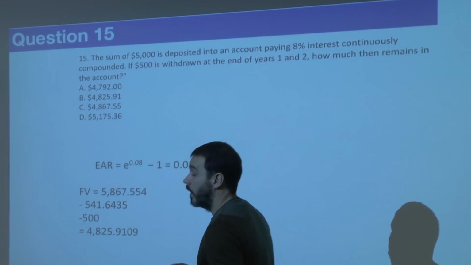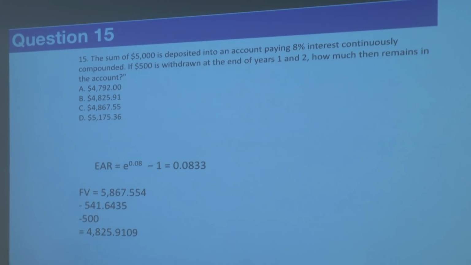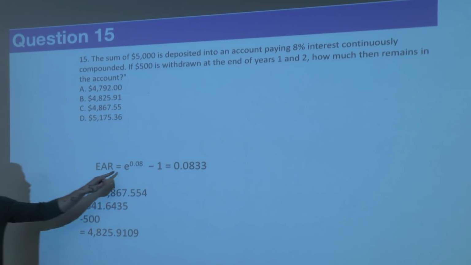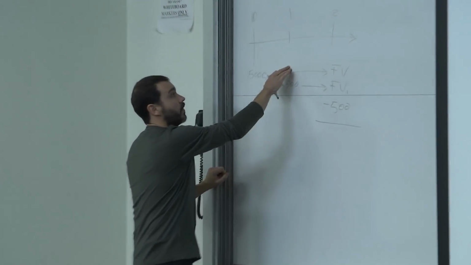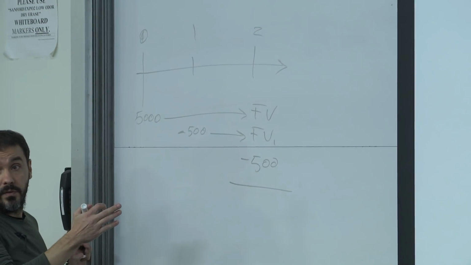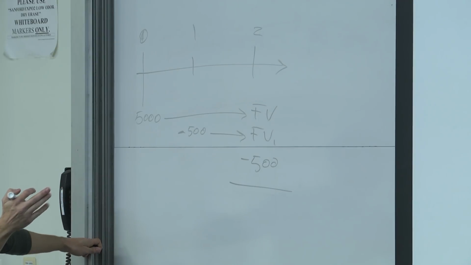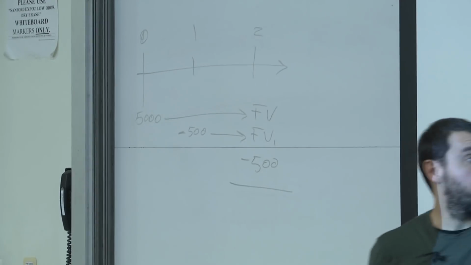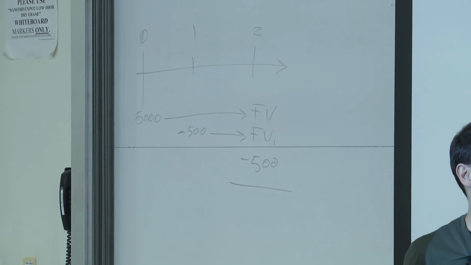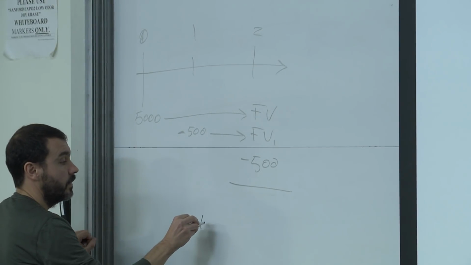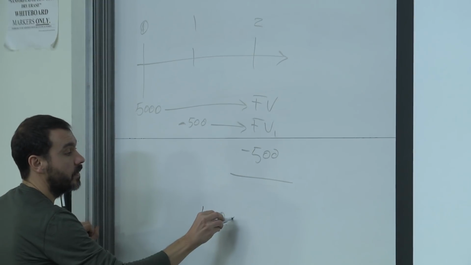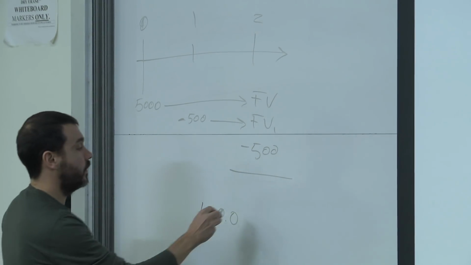Yeah. So the way I showed it, maybe confusingly in the calculator earlier, is you can also do this. The factor, so if you want to know what $5,000 grows into after 1 year, given that interest rate, you do e to the power of 0.08, and you get 1 plus 0.0833.